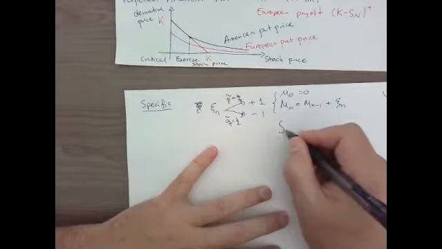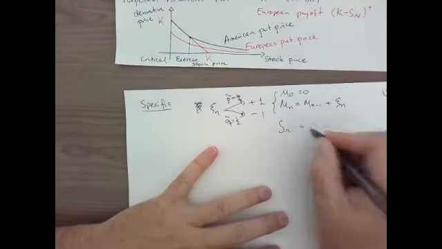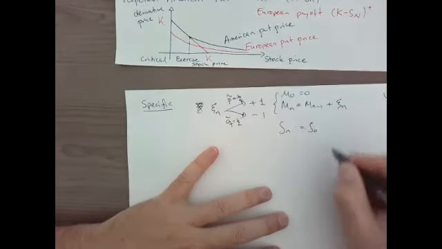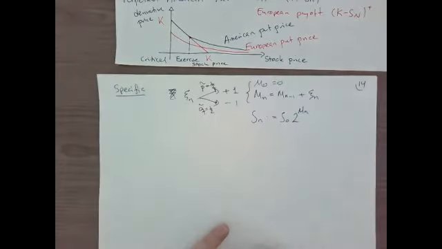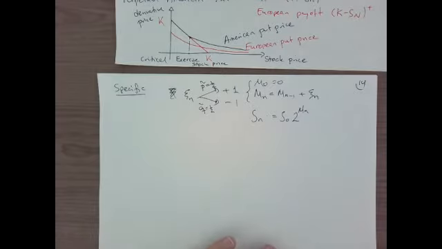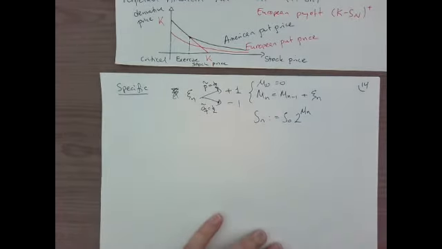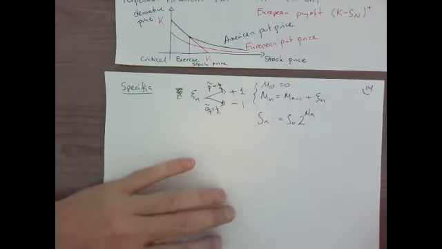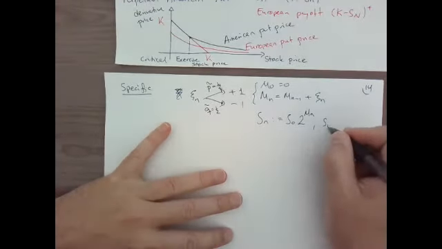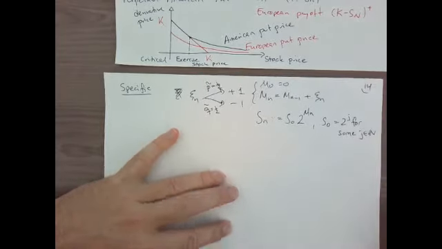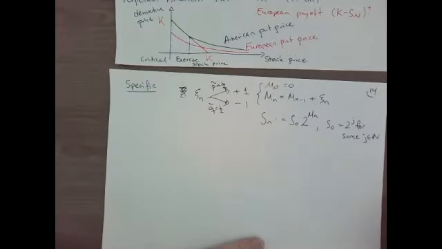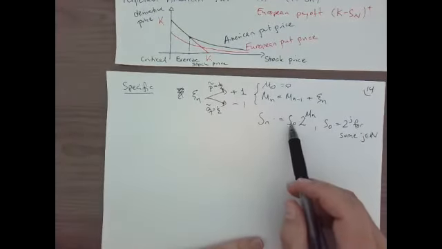And then I'm going to get the stock price. The stock price is now defined as S0 times 2 to the Mn. I want S0 to be 2 to the J for some J. So you see this is a model we've seen before, right?